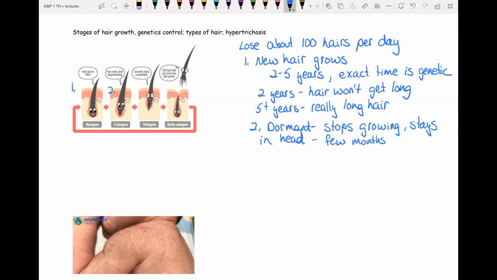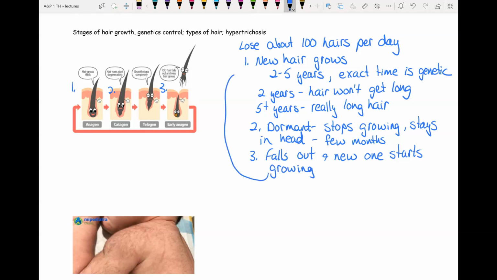Then finally, the hair falls out. And a new one starts growing to take its place. So then this new one goes back up here to step 1.